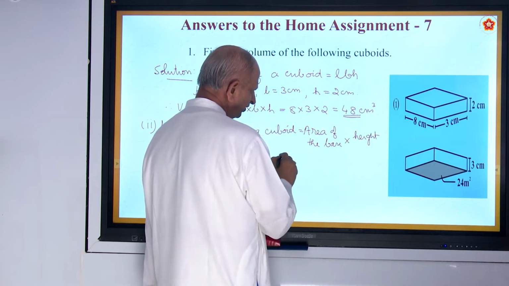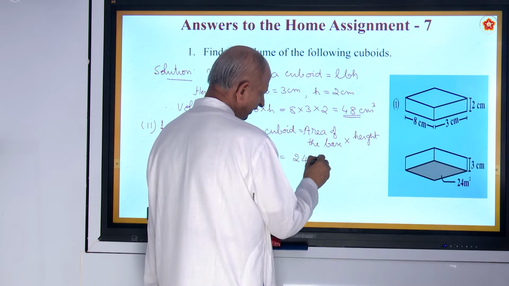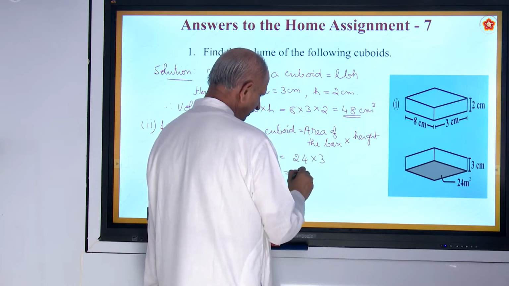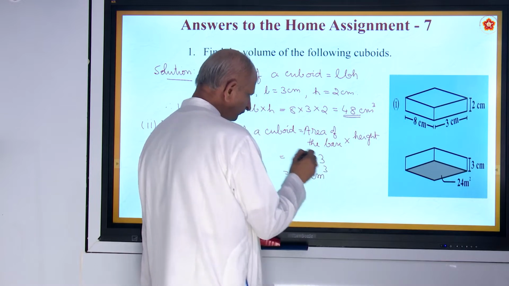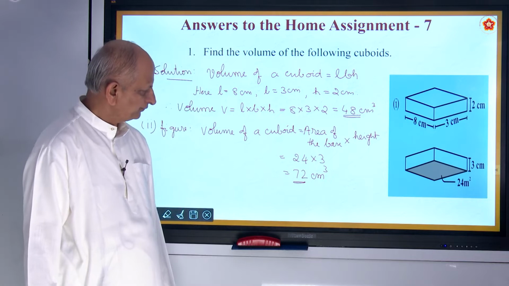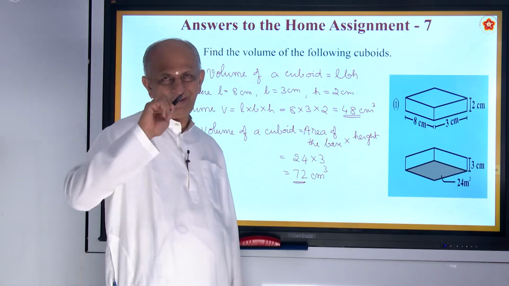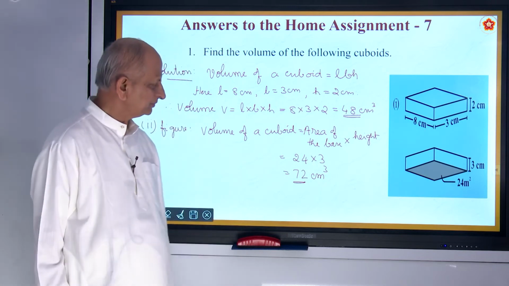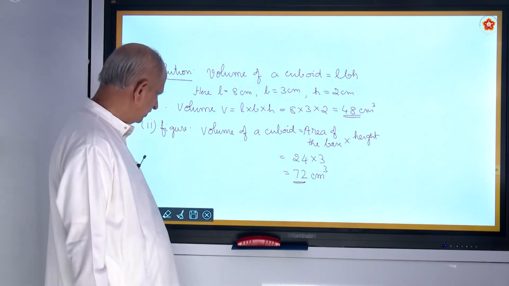So area of the base how much? 24 into height is 3, 72 centimeter cube. 24 into 3. Why 24? How did we get it? L into B, product of length and breadth. So this is the first answer of the question.